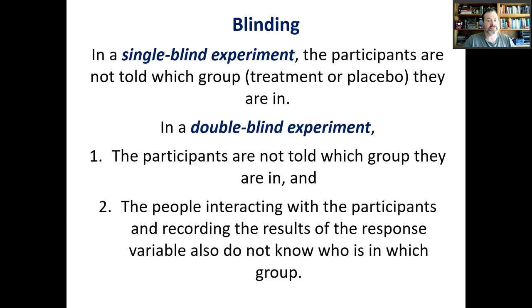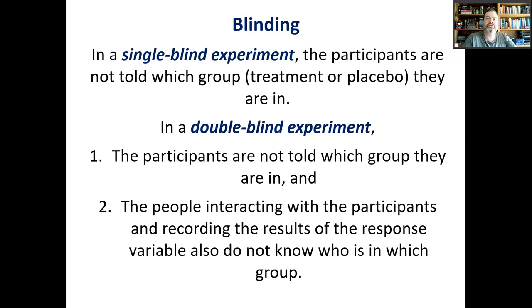In a double-blind experiment, the participants are not told which group they're in, and the people interacting with the participants and recording the results of the response variable also do not know who is in which group. So it's hard to see why a double-blind experiment would be necessary.